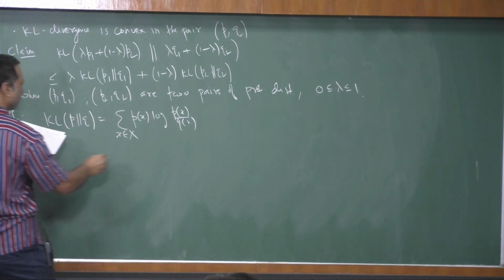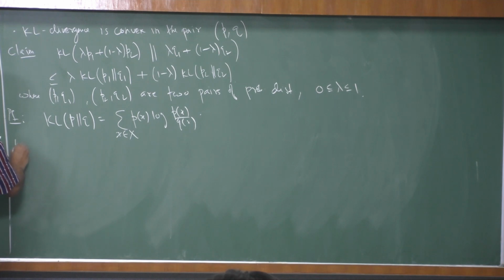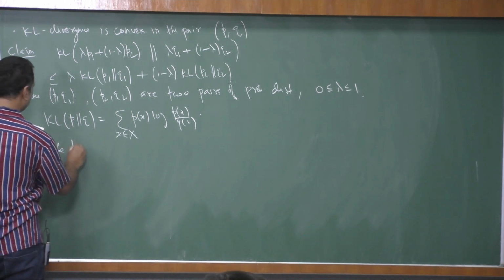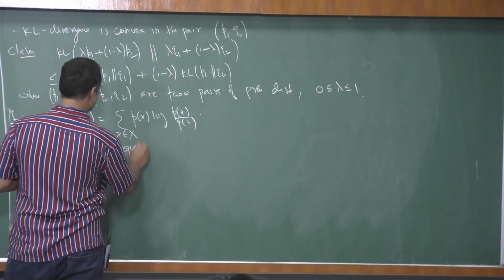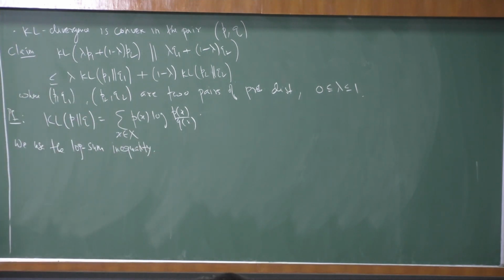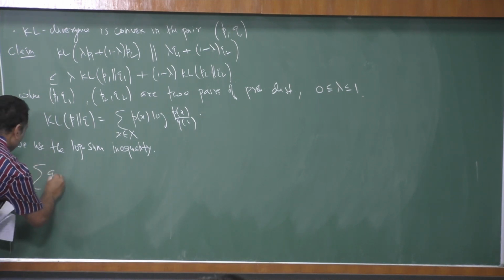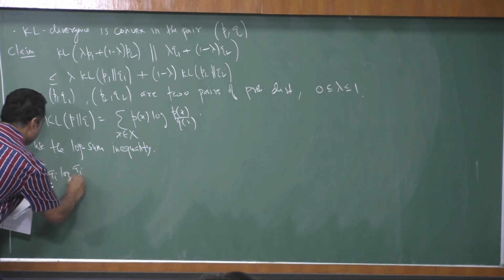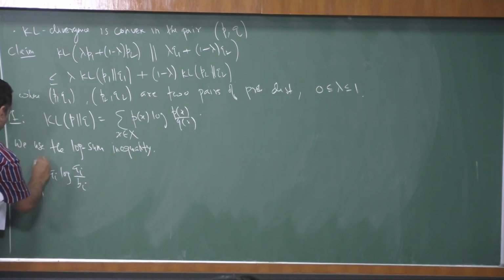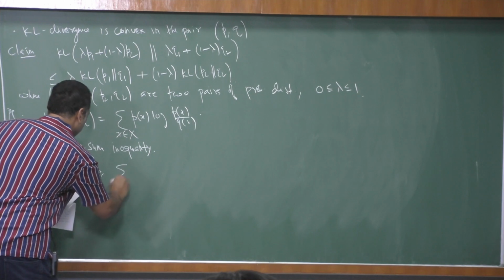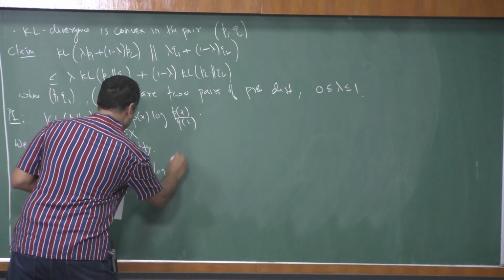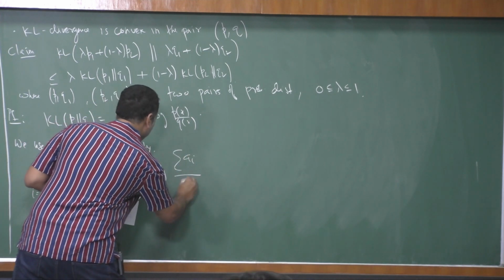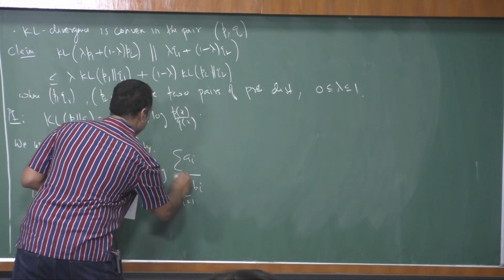The parts that are kind of straightforward, I go faster. We use the log sum inequality, which you may have seen somewhere while problem solving in high school or elsewhere. The log sum inequality says: the summation of a_i log of a_i by b_i, i equals 1 to n, is greater than or equal to the sum of a_i, i equals 1 to n, times log of the sum of a_i by the sum of b_i, i equals 1 to n.